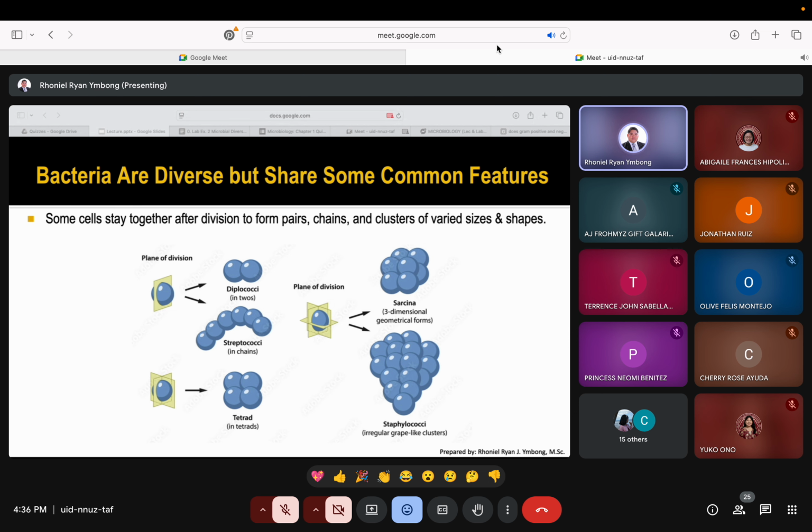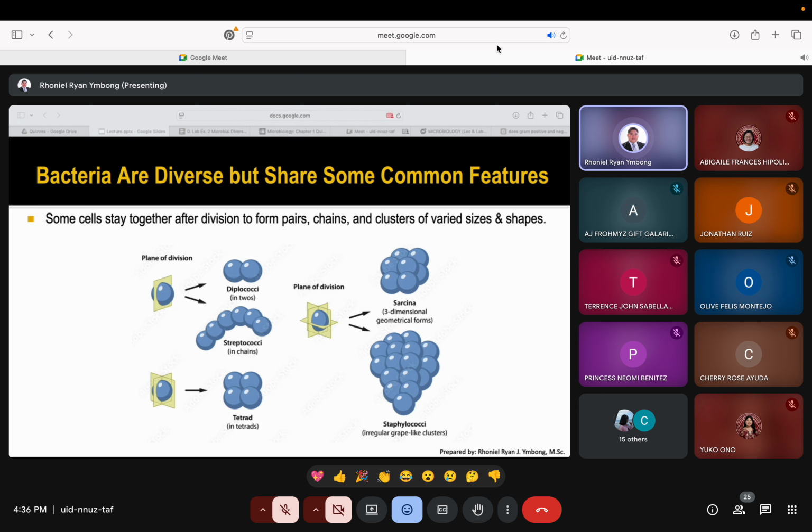So for your arrangement, you can have the mono type, the diplo type, the strepto type, the tetrad type, the sarcina type, and the staphylo type. Okay, so you can eventually have a specific arrangement and cellular shape if you combine the specific type of the bacterial cell shape as well as the bacterial cell arrangement.